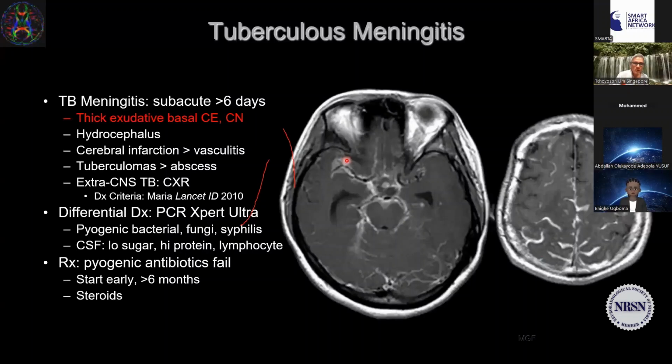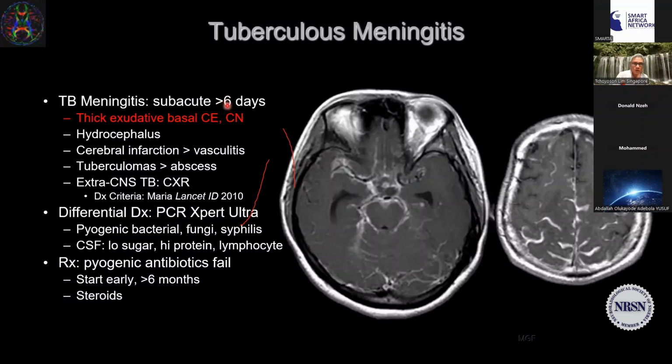For the MRI TB features that we see, we typically see them in a patient with 5 or 6 days of subacute onset of meningism and infection features.